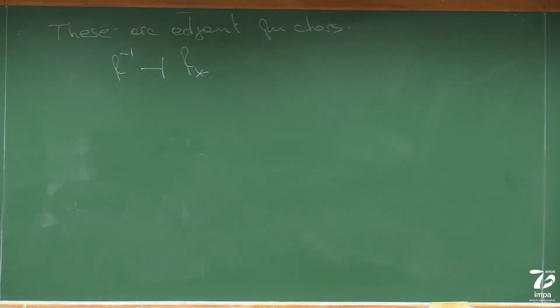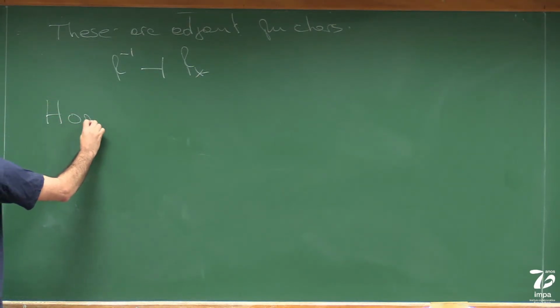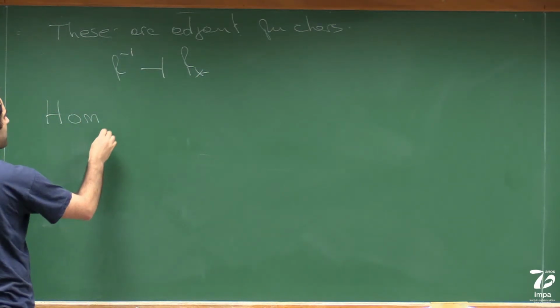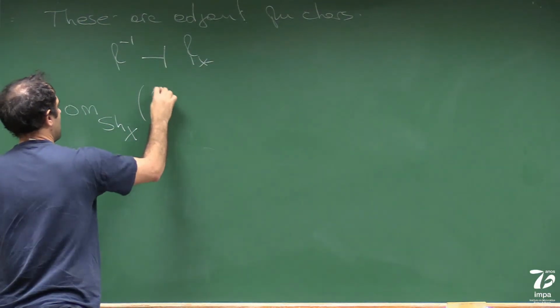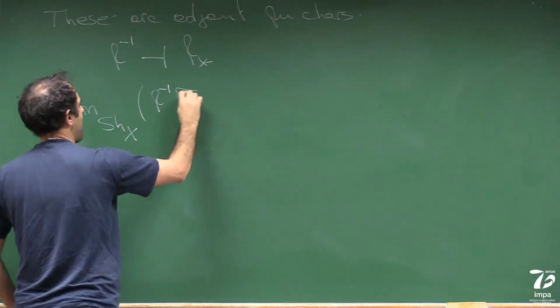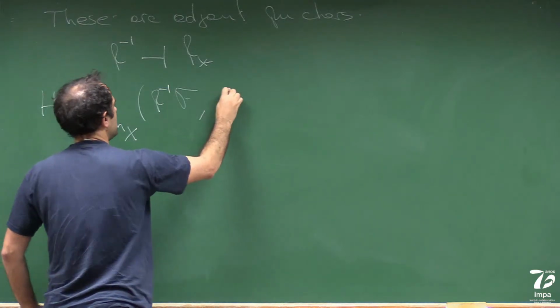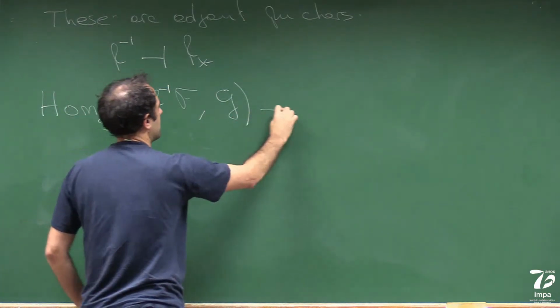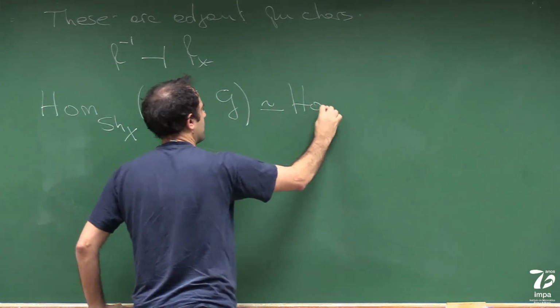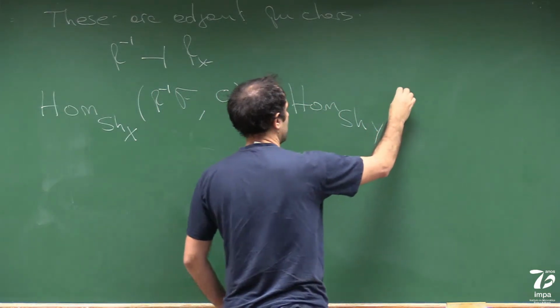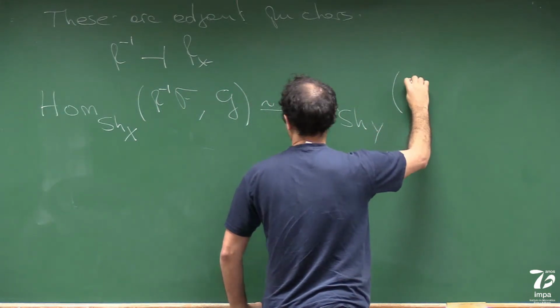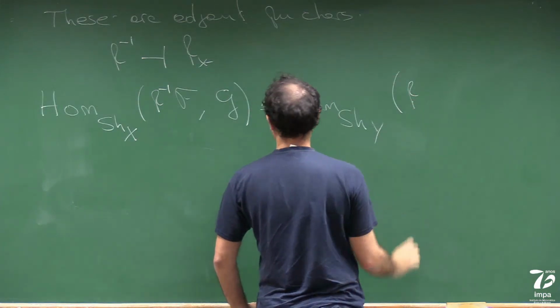In particular, this means that if you give me maps, homs in sheaves of X. So F is a sheaf on Y and G is a sheaf on X. Then these are naturally isomorphic. Sheaves on Y between, what did I do?